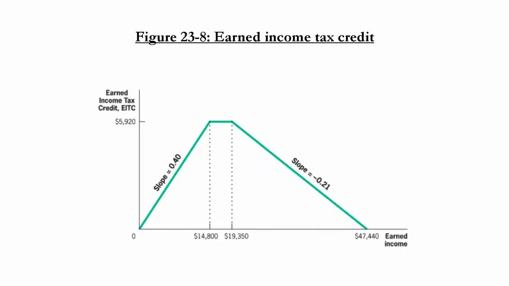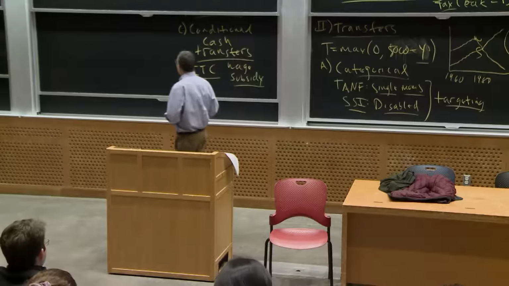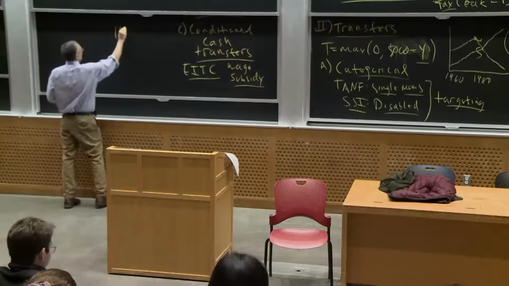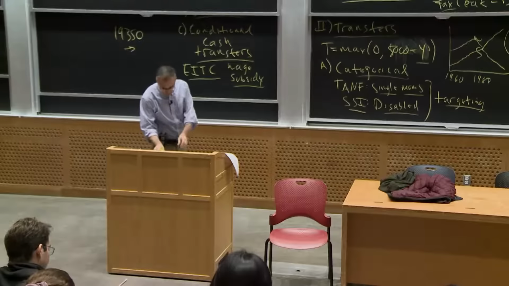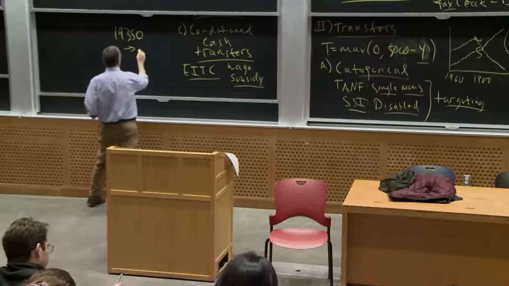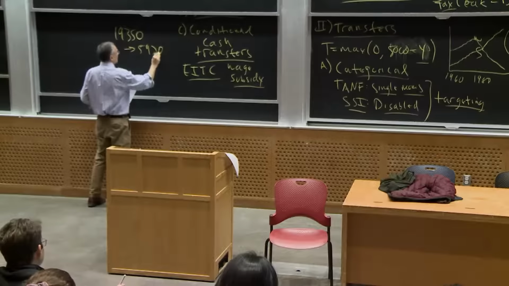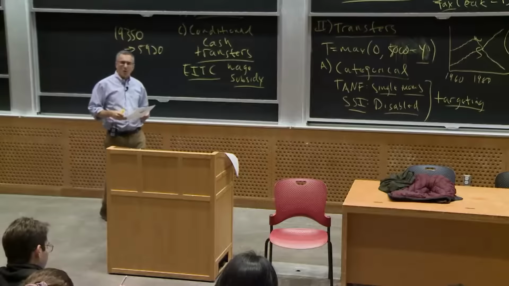Okay? But now, let's imagine someone earning $19,350. And they're thinking about, should I earn $100 more? So they're at $19,350. They're getting their check from the government of $59.20. And now they're saying, should I earn $100 more?